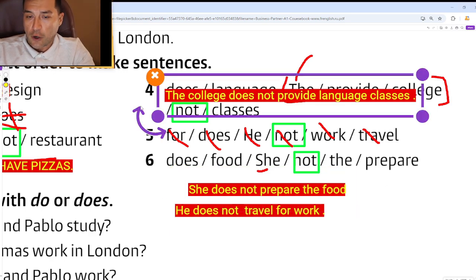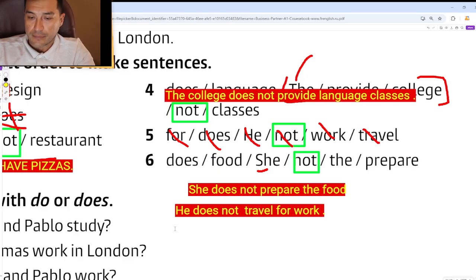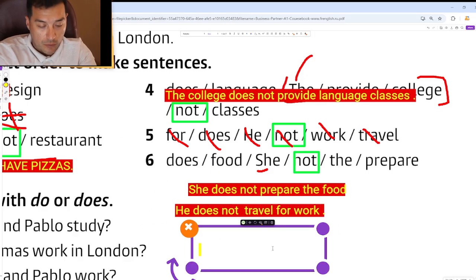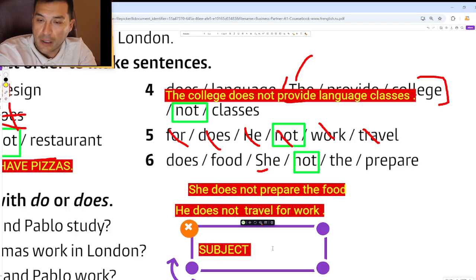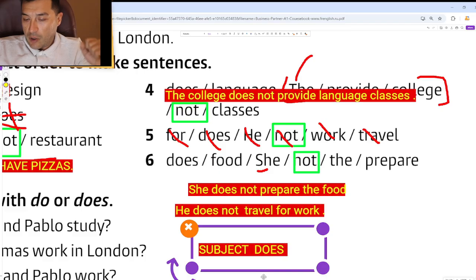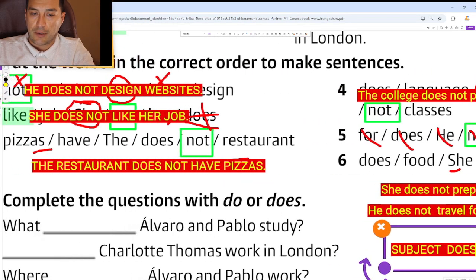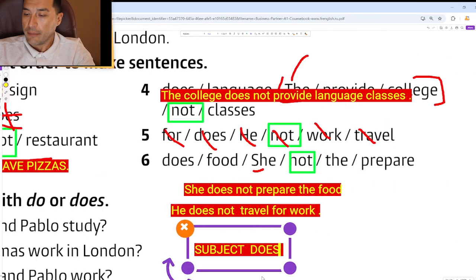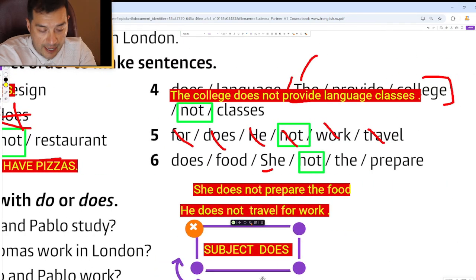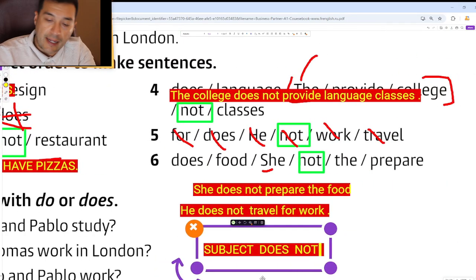Now let's look at the formula. First, we have the subject, he or she or the college. Next, we have do or does, in this case with third person. Today we're practicing third person. She, he, the college, the restaurant. Does is next. Not is next. This is called the auxiliary, negative auxiliary.